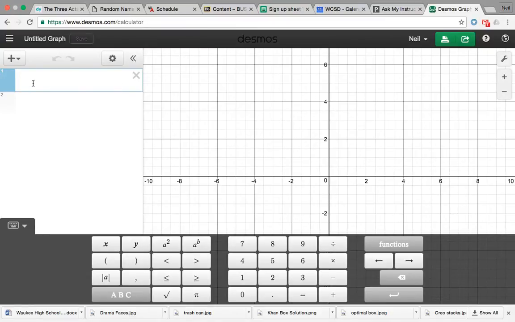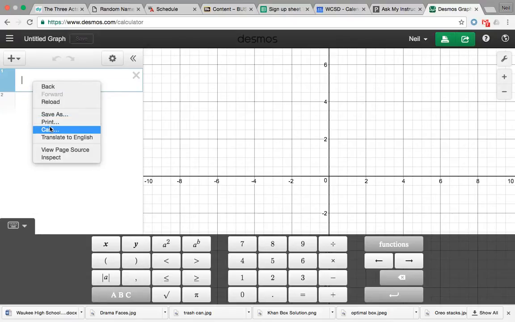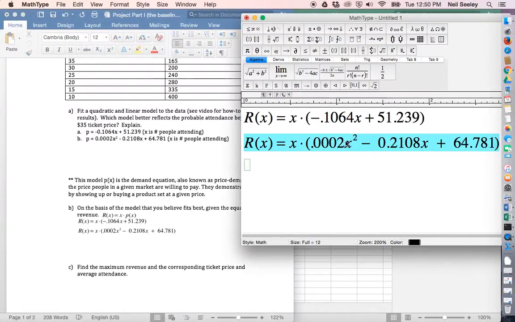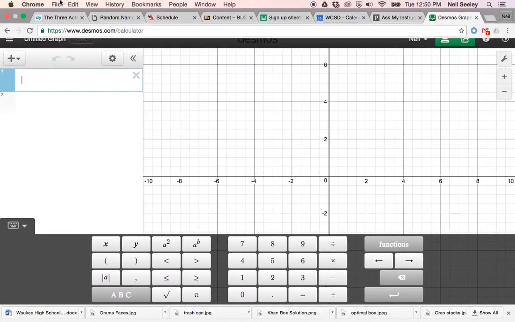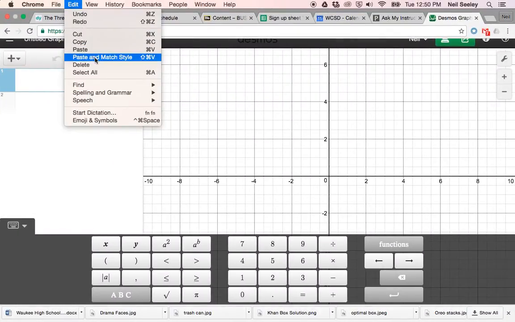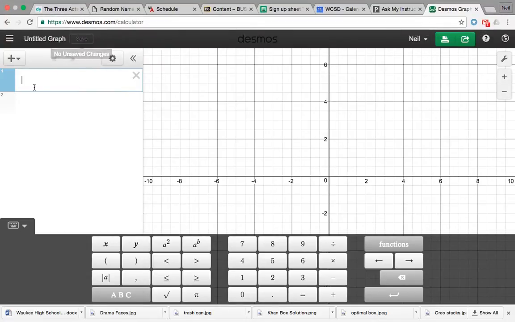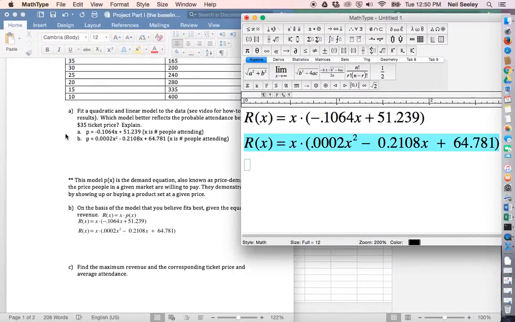Paste it. Oh, I can't get it to go in there. Did I copy that? Copy and paste and match style. I don't know what that's going to do for me. I guess it's not going to paste for me. Anyway, I'll just write it out as it is. I thought I was going to get some fancy cool thing to make happen in here. R of x equals, and I'm just going to go back and get everything I can.